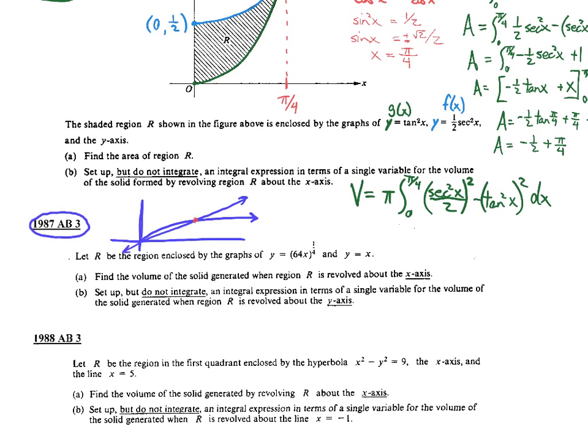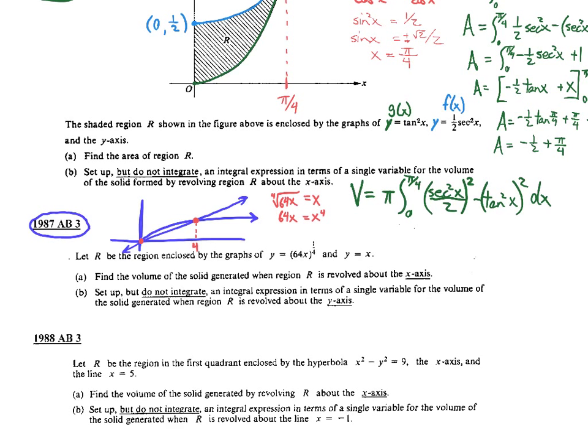So we have here intersection points, and they're actually at 0 and 4. Now, just to confirm, we have the fourth root of 64x equals x. I'd have to raise everything to the fourth power. So I'd have 64x equals x to the fourth.